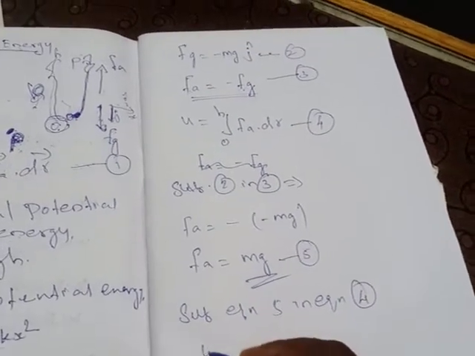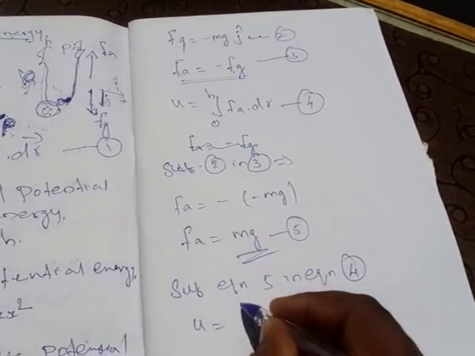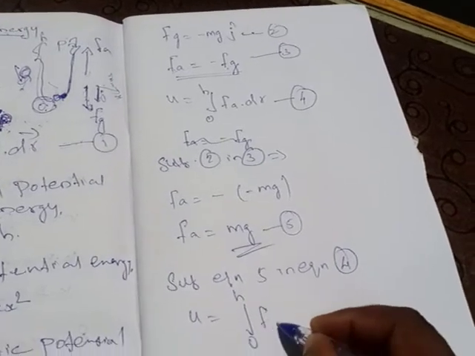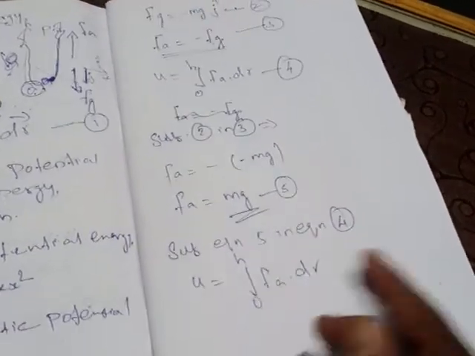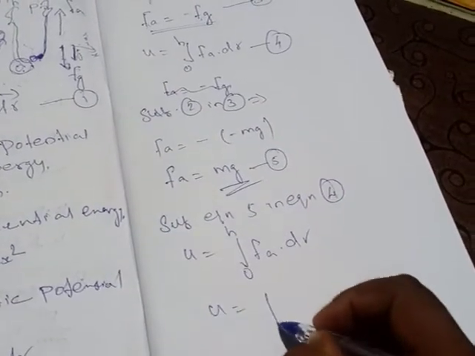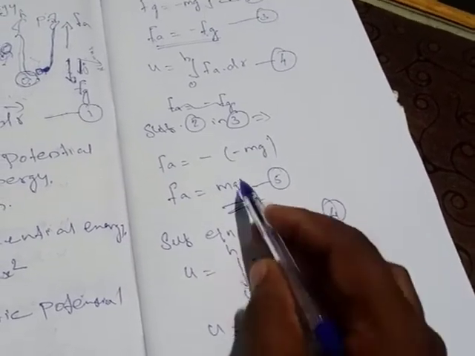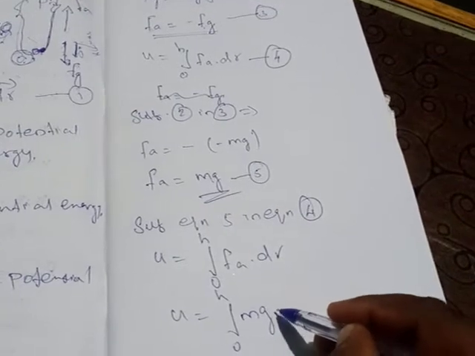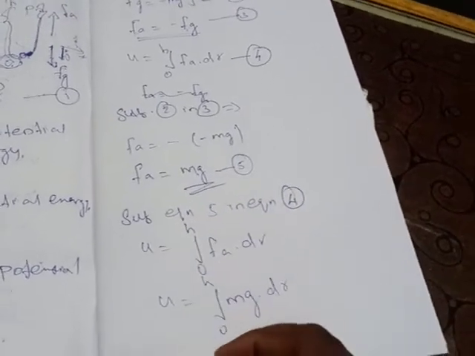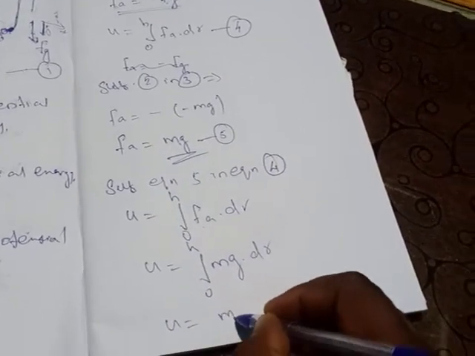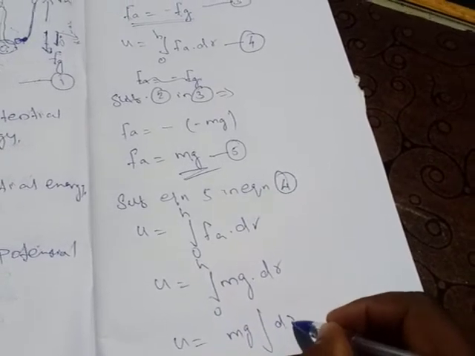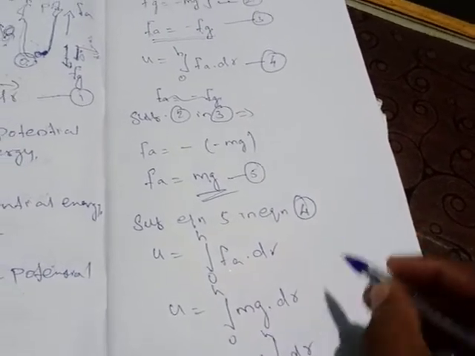So we get U is equal to integral from 0 to h of Fa dot dr. Fa means mg, so U is equal to integral from 0 to h of mg dr. Take mg outside and integrate only dr, from 0 to h.